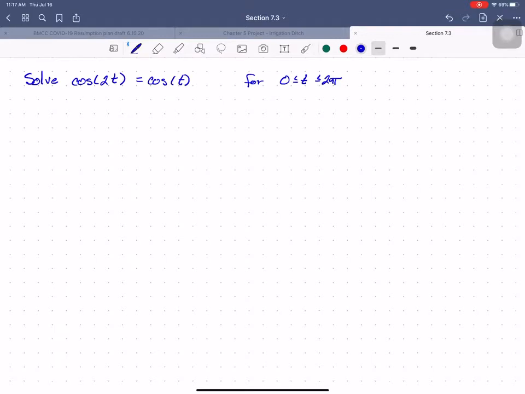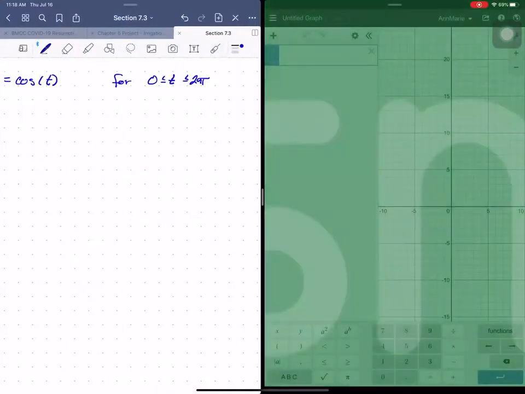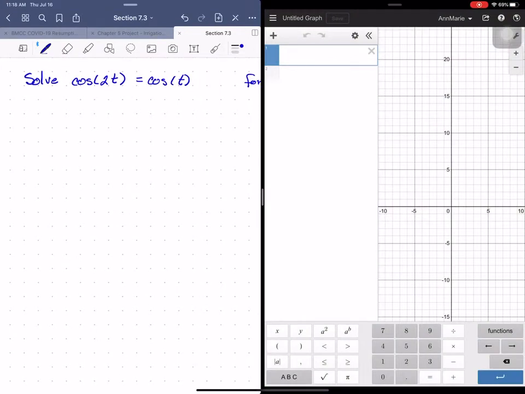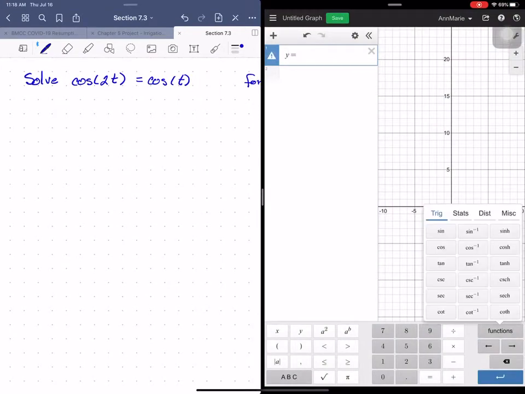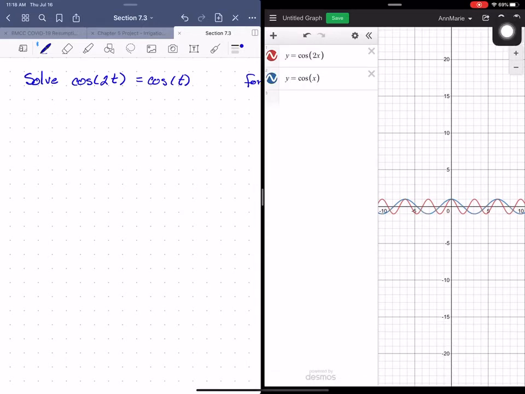All right, so what are we actually doing? Well, let's take a look here. Let's graph the left-hand side on one line. So that's cosine, and we're going to use 2x. And the other side is cosine x.